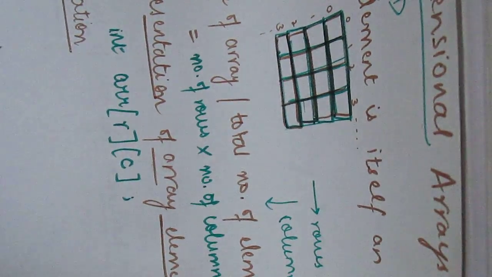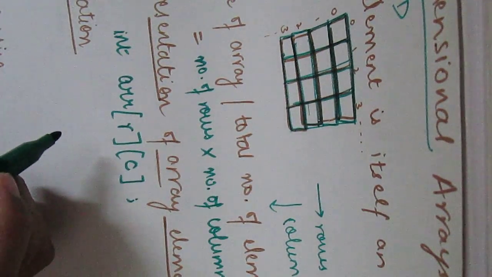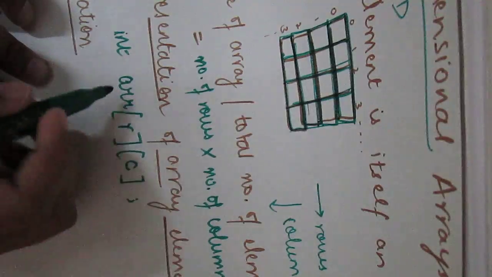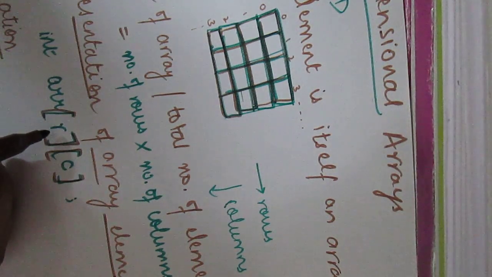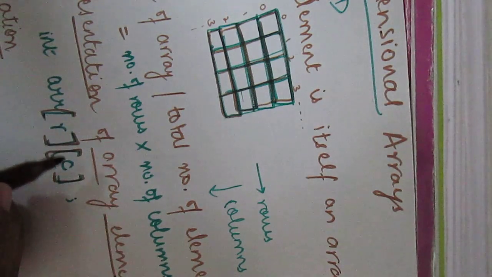Next comes the representation of array elements. How do we represent the array element? Here is the technique. Suppose we have the array named ARR, and then I have 2 square brackets. The first one corresponds to the number of rows, and the second one corresponds to the number of columns. From now on, I'll be using R for the number of rows and C for the number of columns.